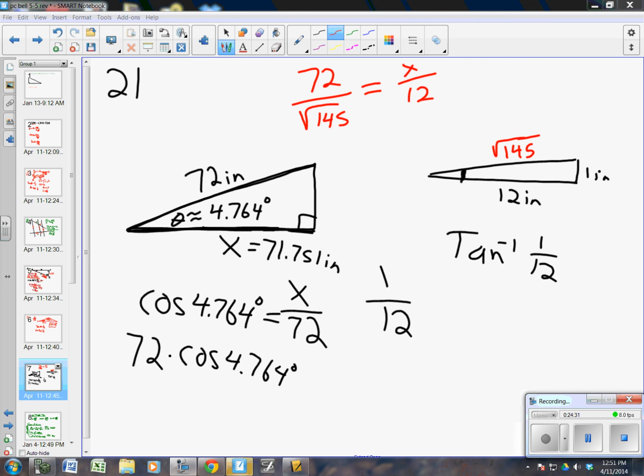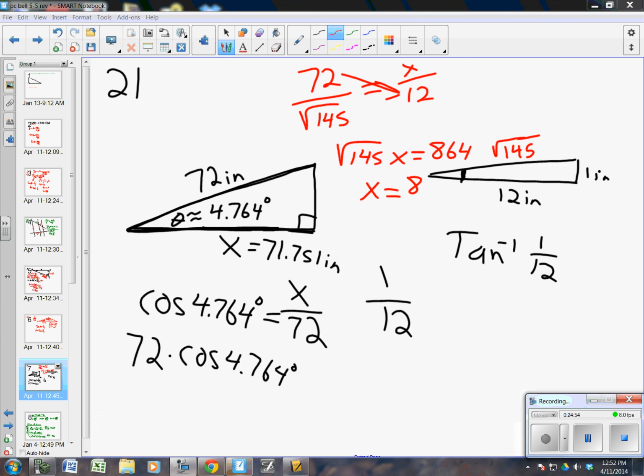Well, because you went 72 over 145 equals x over 12. So we should get the same exact answer. 72 times 12. So what's 72 times 12? Let's just do it out real quick. 864.